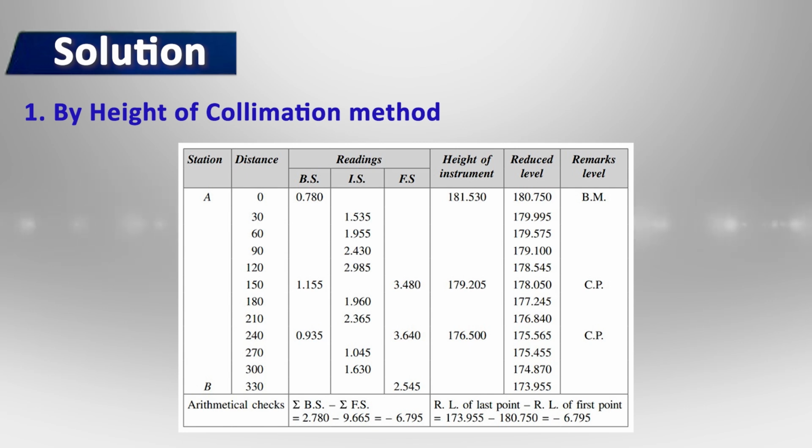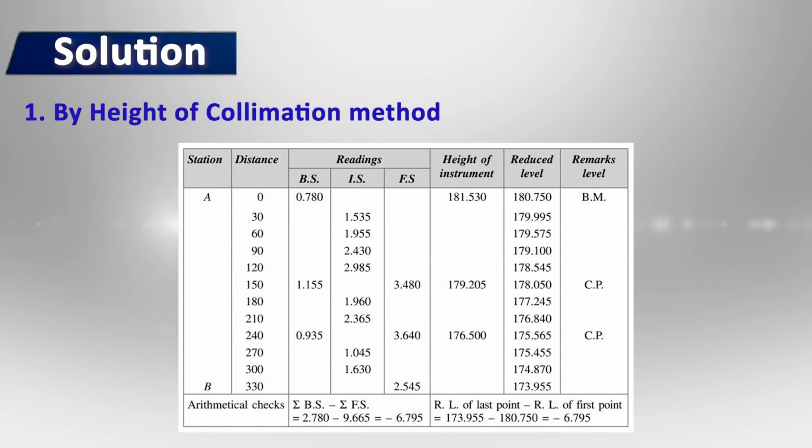Again, we will calculate the reduced level for the foresight as height of instrument minus foresight, that is 181.530 minus 3.480, which will result in 178.050, that is the reduced level of distance up to 150 meters. Now, as we know, there is a shift in the instrument after this point.